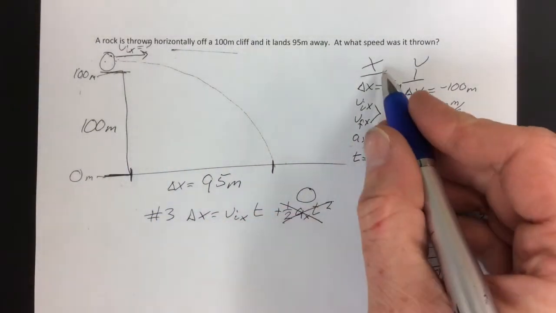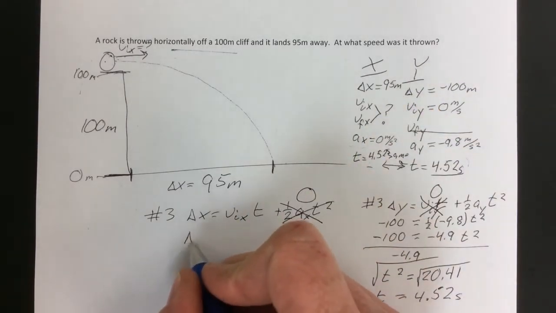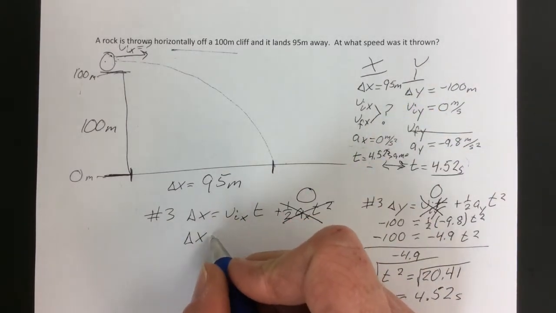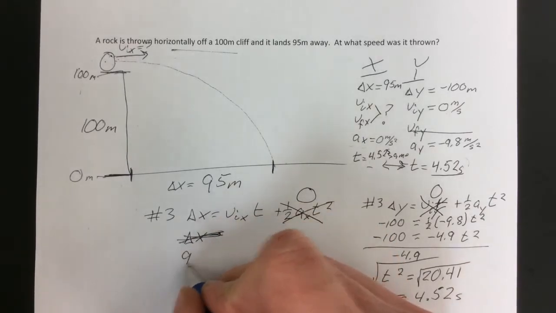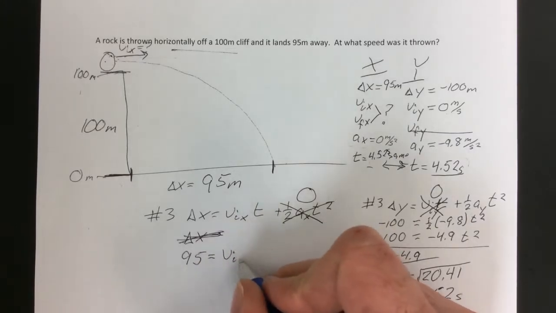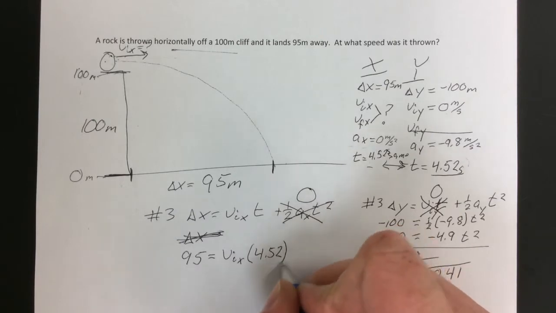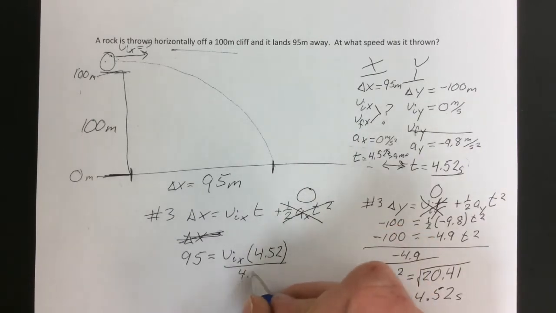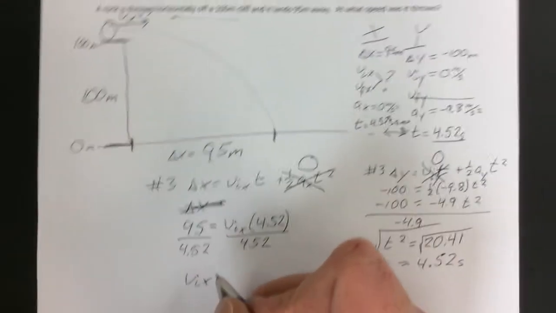So I can come back to equation number 3 with the x direction, and I can say delta x is equal to, oops, I already got that. Delta x is 95 meters, v_ix is what I'm solving for, and my time is 4.52. Divide both sides by 4.52, and what I'm left with is v_ix.